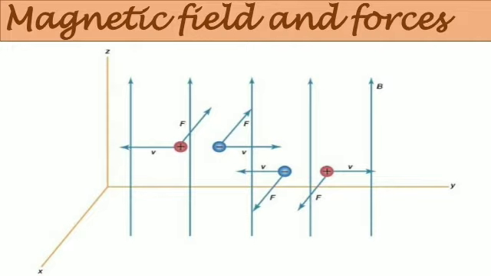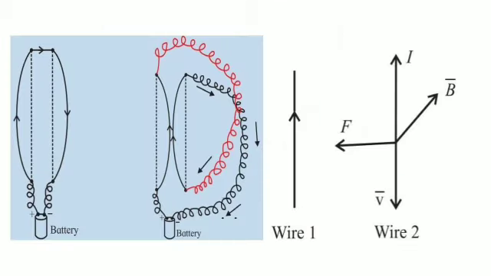Now, as in our previous video lecture, we have seen one experiment where we have considered two wires having current passing through them. We found that in diagram A the wires repel each other, and in diagram B the wires come closer, that is, they attract each other as soon as the current starts.